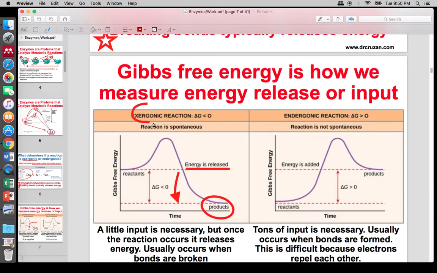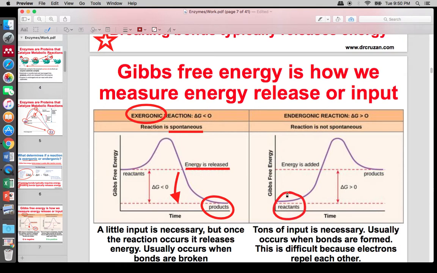The reaction is what we call spontaneous, meaning that eventually, given infinite time, it's going to happen. These bonds will eventually break. So you still need to input some energy to get to this stage, though. So it's not completely an easy street.